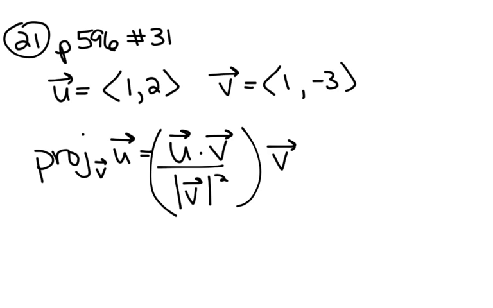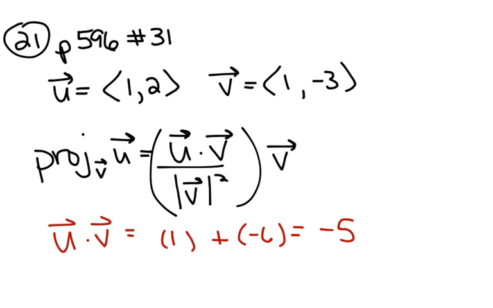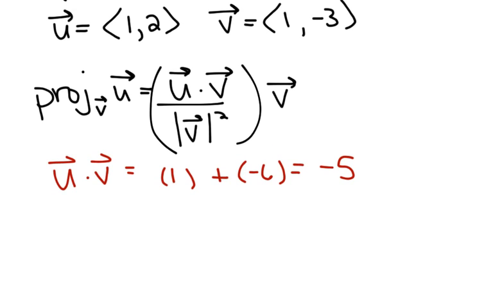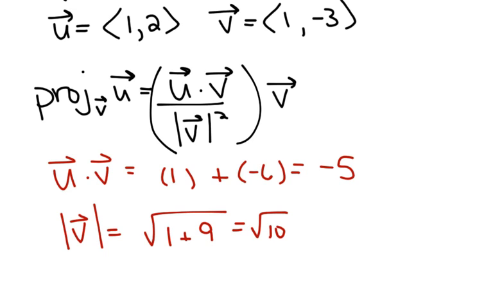So first, u dot v is going to be 1 plus negative 6, which is negative 5. The magnitude of v is going to be the square root of 1 squared plus negative 3 squared, so it's the square root of 10.